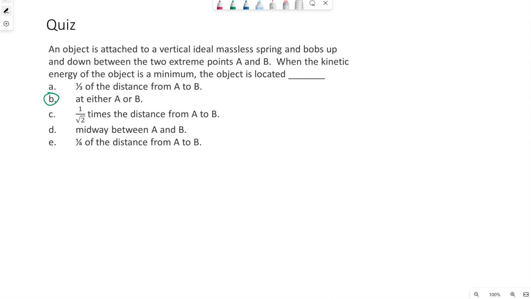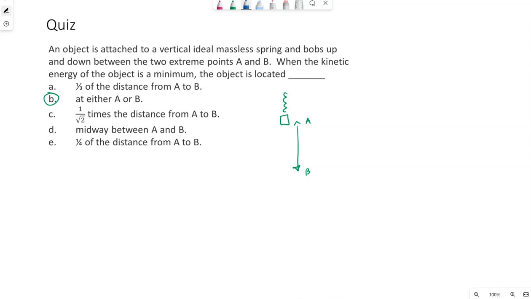The correct answer here is B. So this mass on the spring is oscillating between some point A and some point B. So points A and B are the turning points. It's where momentarily the mass has come to rest and is turning around to head the other direction.